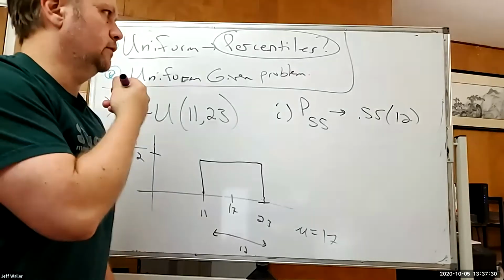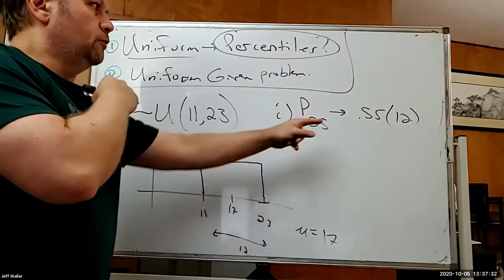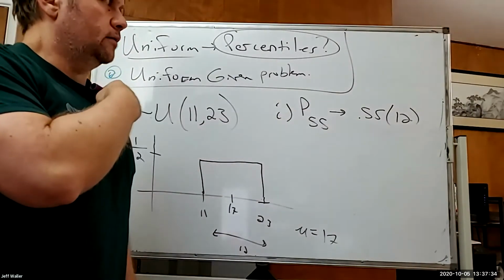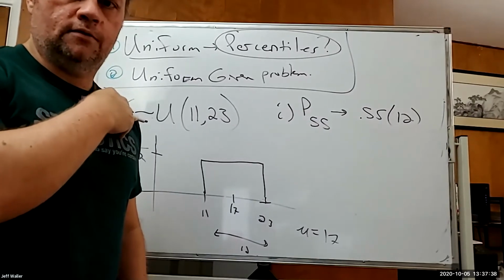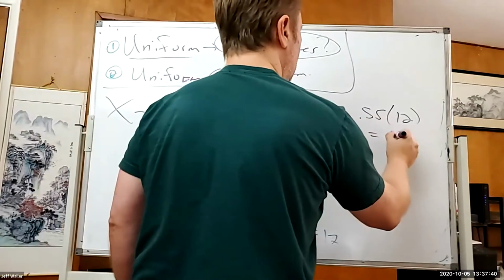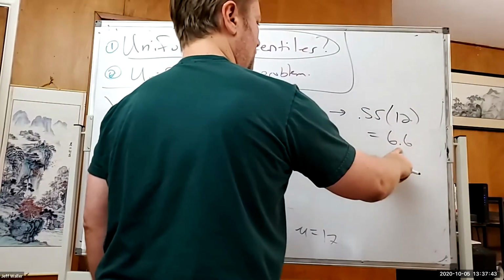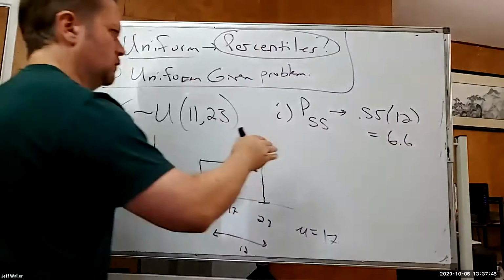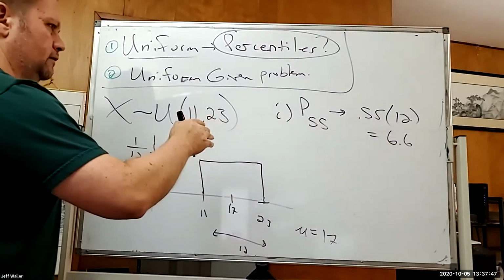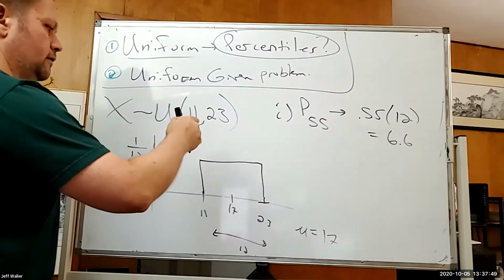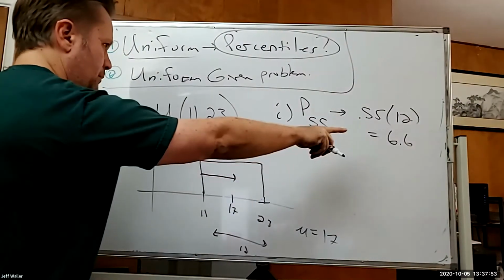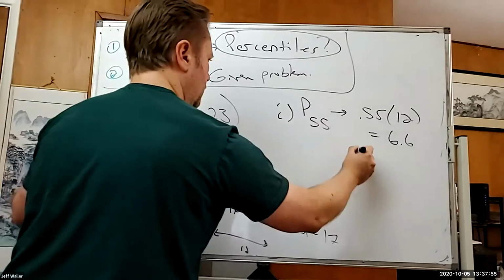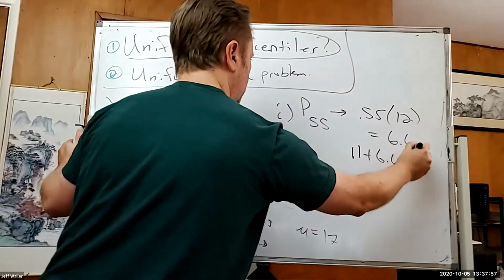And then what is that? I believe it's 6.6. Yes. Now that's not your answer, because where does my distribution start? 11. And how far from that am I supposed to go in? That much. So I take 11 plus 6.6, and I end up at 17.6.